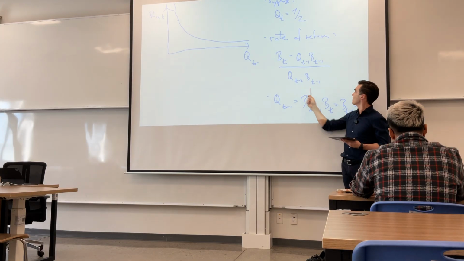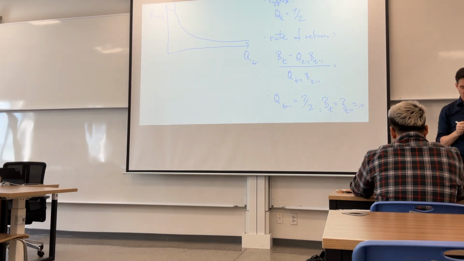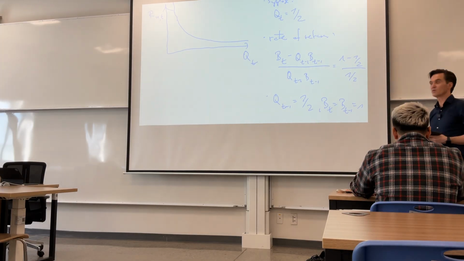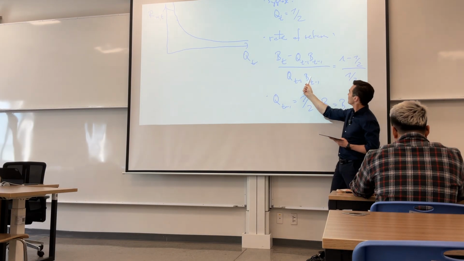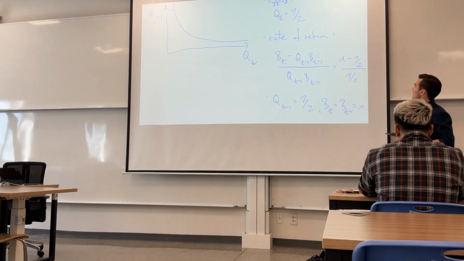Then you can plug these numbers in and see what we get. We get 1 minus 1/2 divided by 1/2, right? You plug in 1 everywhere, and 1/2 everywhere else.